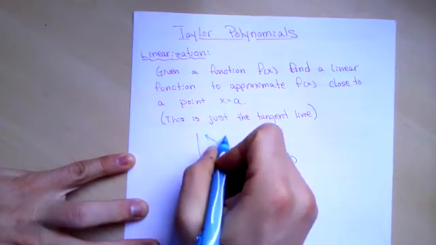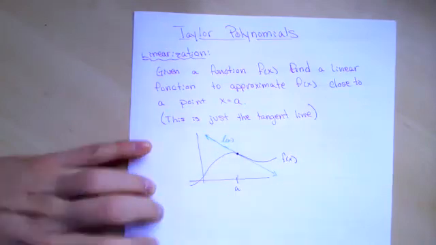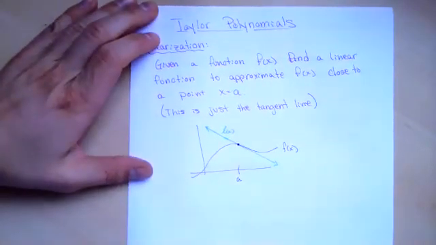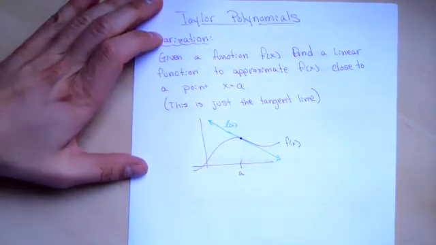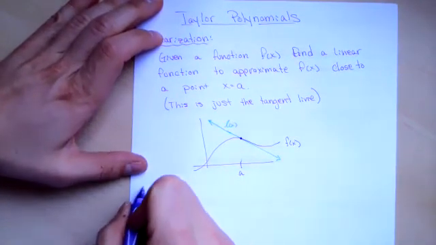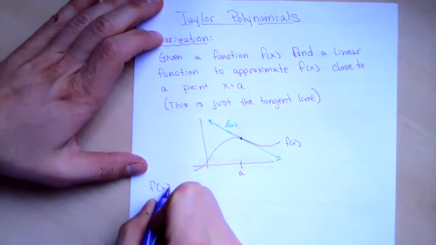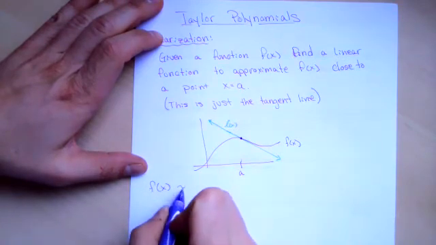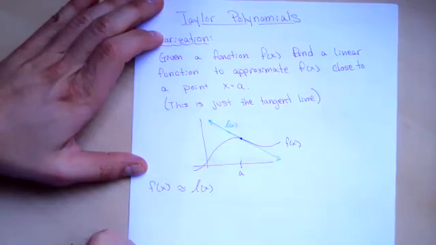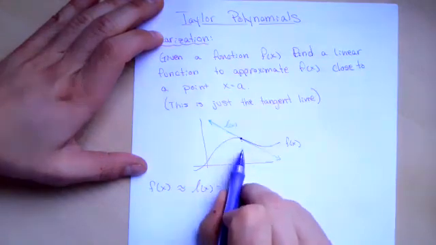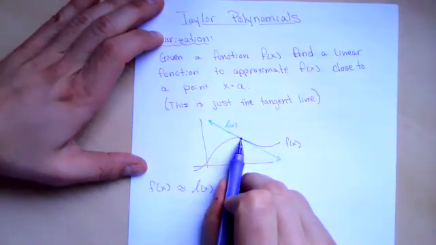And let's call this, I like to call it L of x. And how did we find L of x? So sometimes we denote f of x is approximately equal to the tangent line, L of x. And we define the tangent line by its properties. Well, the tangent line has to pass through this point.